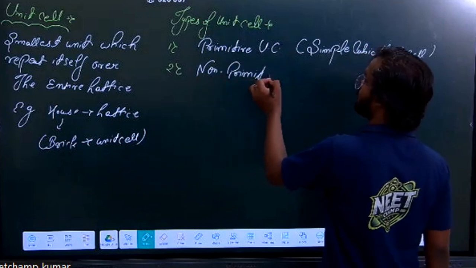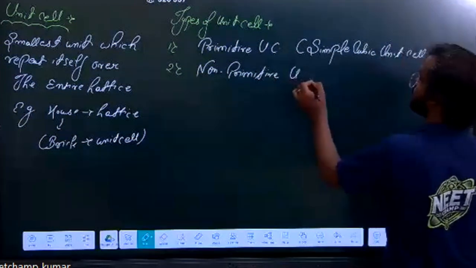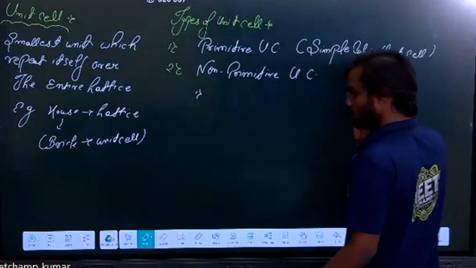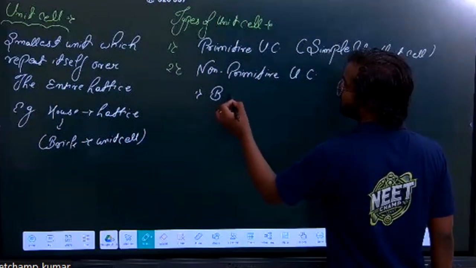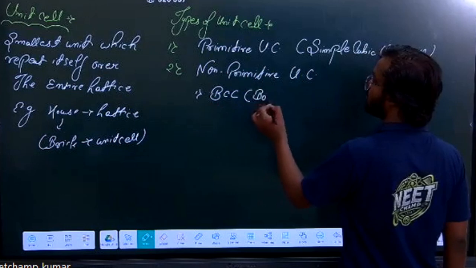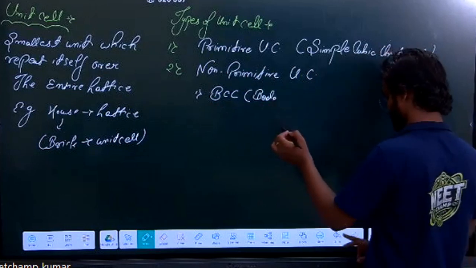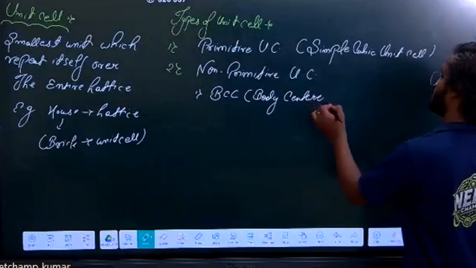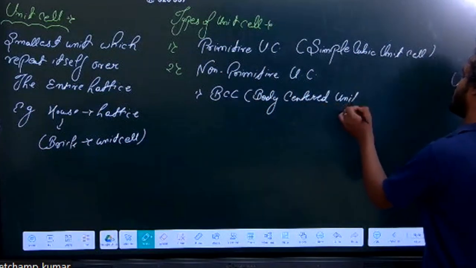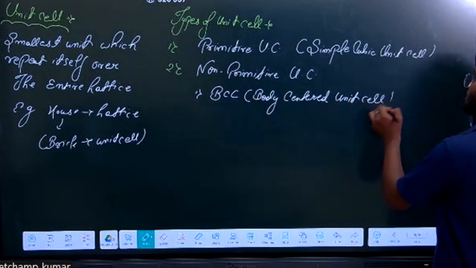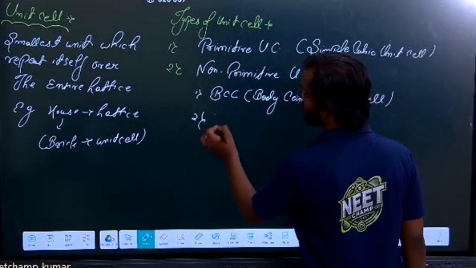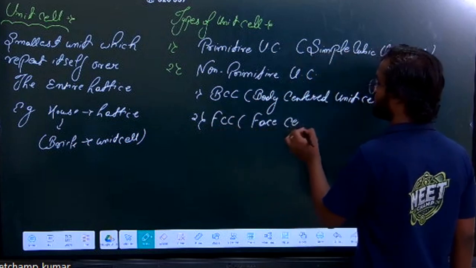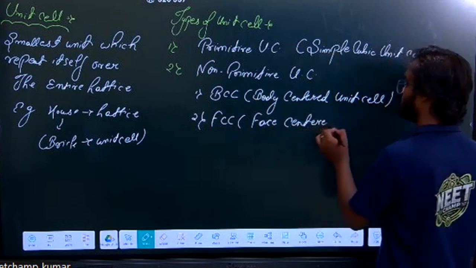The non-primitive unit cells are, for example, the first one, BCC, which is called a body centered unit cell. Second, we have FCC, which is called a face centered unit cell.